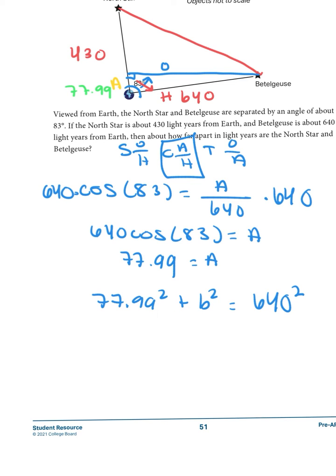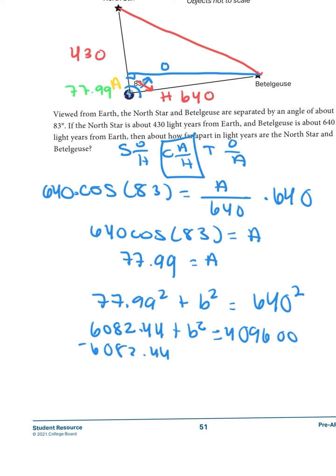Whenever you do that, you get 77.99 squared, that is 6082.44, plus b squared is equal to 409,600. Then you subtract, we're solving for b, and we get that b squared is equal to 403,517.56.